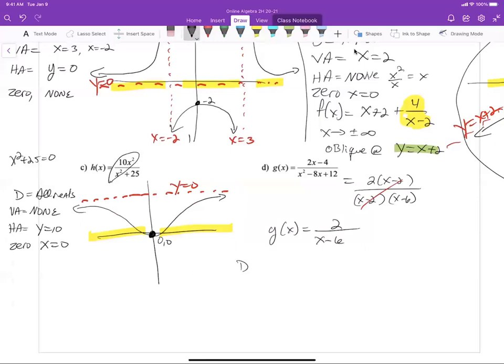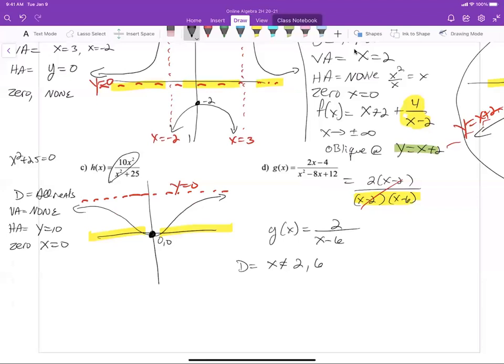All right, domain. You've got to ask that question before simplifying. What values of X make the denominator 0? I cannot have 2 and I cannot have 6. Okay. Now I've got to ask, do I have a hole or do I have a vertical asymptote when X approaches 2 or 6? So plug in 2. If you plug in 2 for X in your simplified version, 2 over 2 minus 6 is 2 over negative 4.